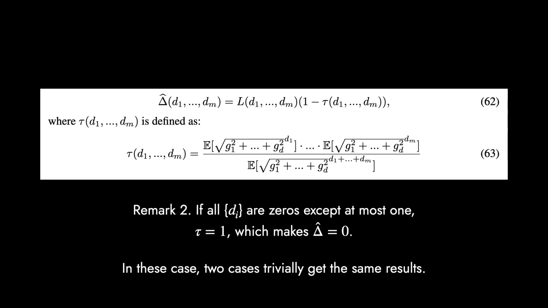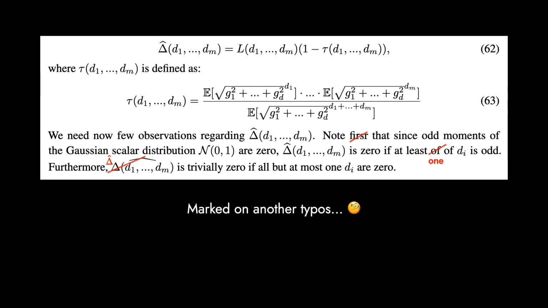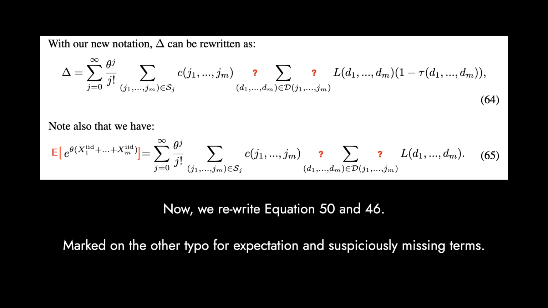In these cases, the two cases trivially get the same results. Remark on other typos. Now we rewrite equation 50 and 46, marking the other typos for expectation and suspiciously missing terms.